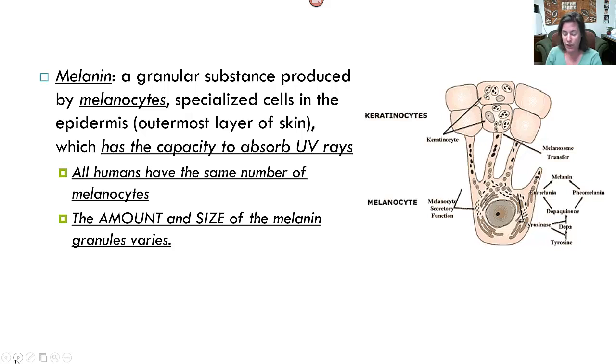Melanin is a granular substance that is produced by melanocytes, which are specialized cells in your epidermis, which is the outermost layer of your skin. And the epidermis and the melanocytes have the capacity to absorb ultraviolet rays. All humans have the same number of melanocytes. The amount and size of the melanin granules vary.